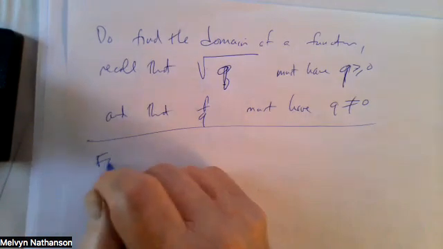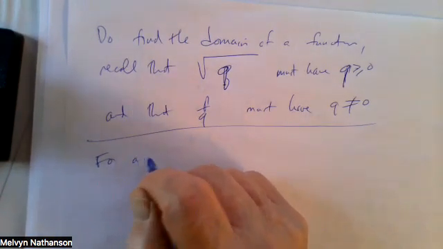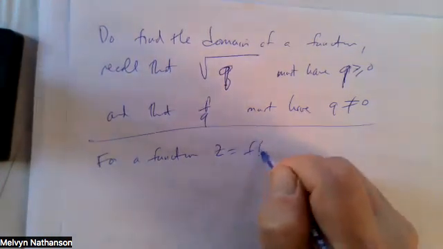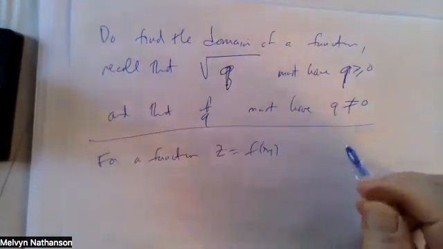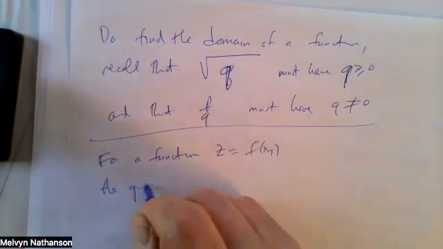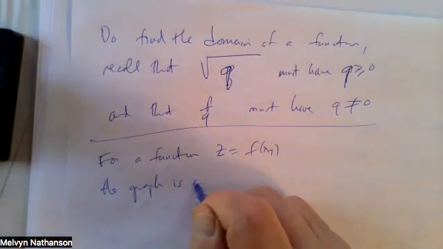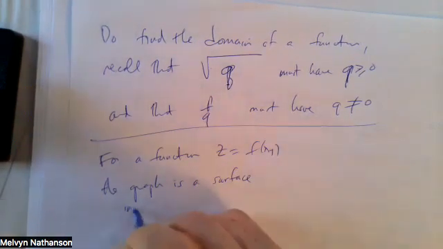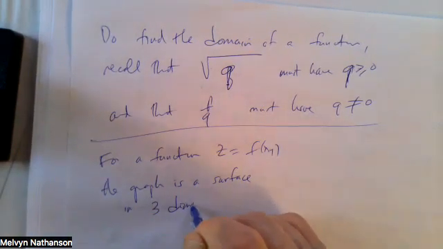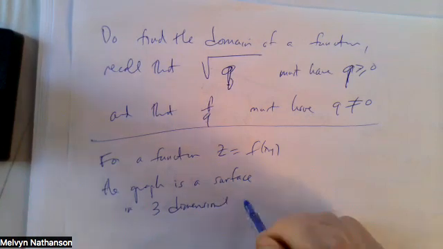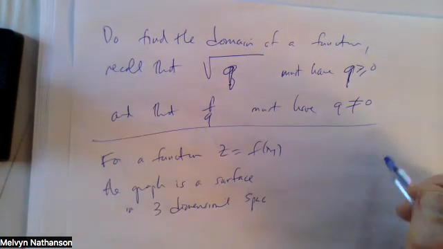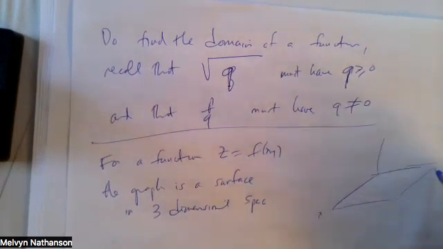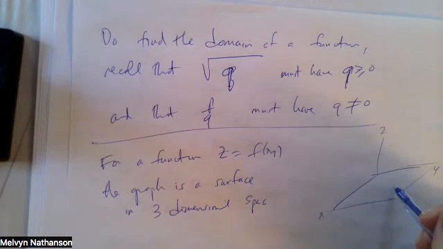Right? For a function of two variables, z equals f of x, y, the graph of the function is a surface in three-dimensional space. So if you think of your three-dimensional space as being like this, this is x, y, this is z.